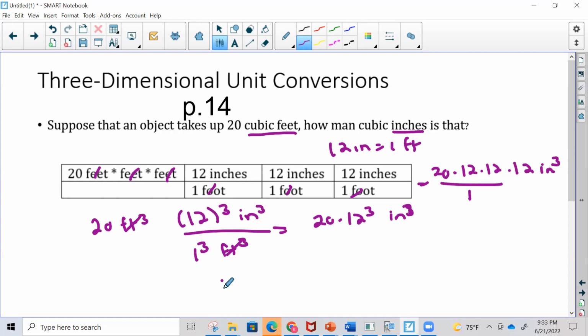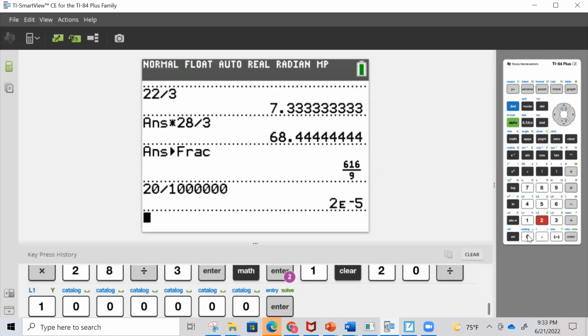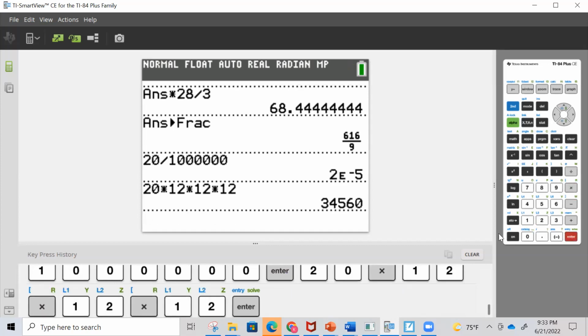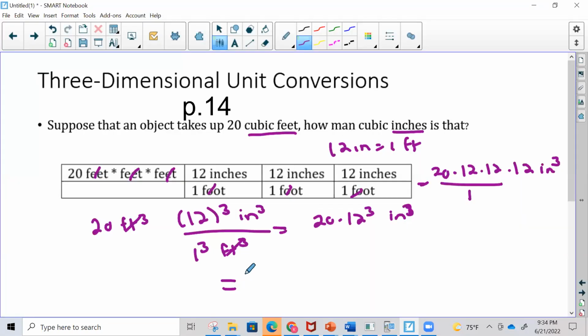And if you multiply that out, you get 34,560, and then it'd be inches cubed. Or you could do 20 times 12 cubed and it'll give you the same answer.